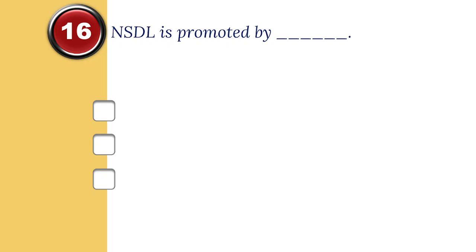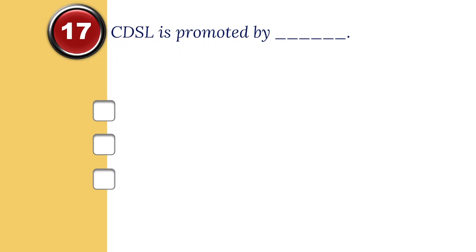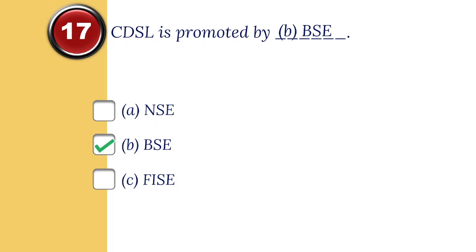The options are A. NSE, B. BSE, C. FISE. And the correct option is A. NSE. 17. CDSL is promoted by dash. The options are A. NSE, B. BSE, C. FISE. And the correct option is B. BSE.